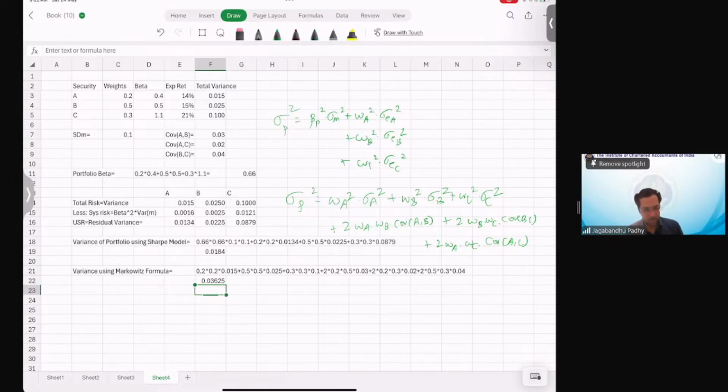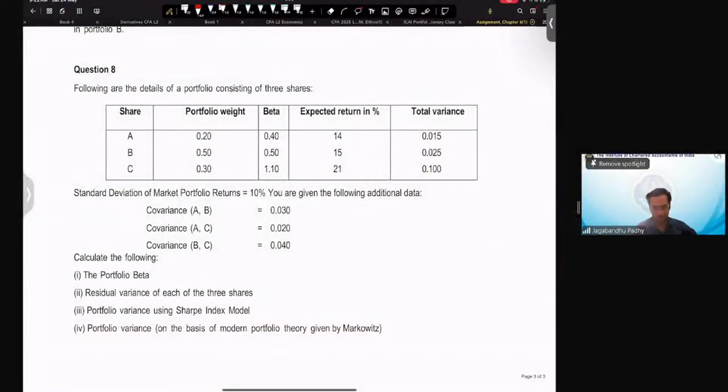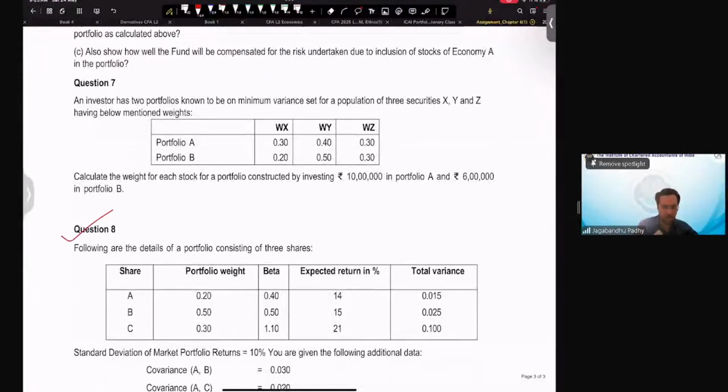Okay, so that's your variance using Markowitz formula. So question 8 is done, right?